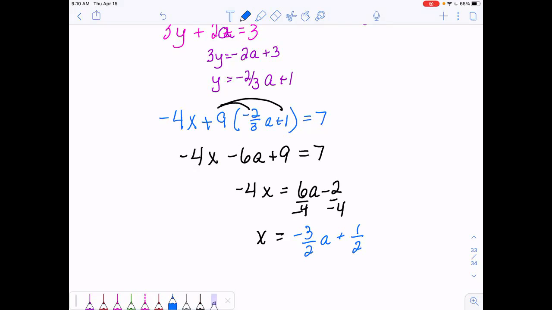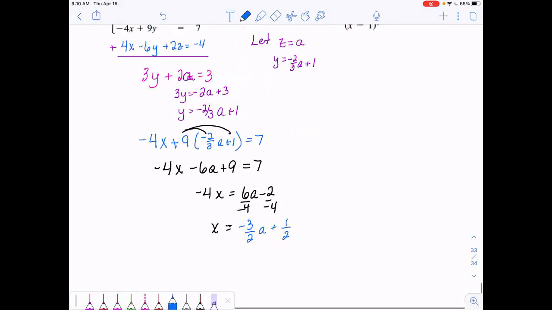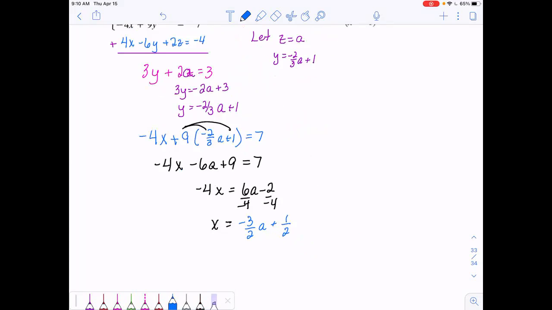By this point, we've had fractions so much in class that fractions are going to be part of your answers. So now we have our z being a. We found y by using back substitution, plugging that value in for z, and now we found x. Don't forget, your solution is an ordered triple. Even if it isn't an exact value like 1, 2, 3, you still need to write your answer pulling all three of them together.